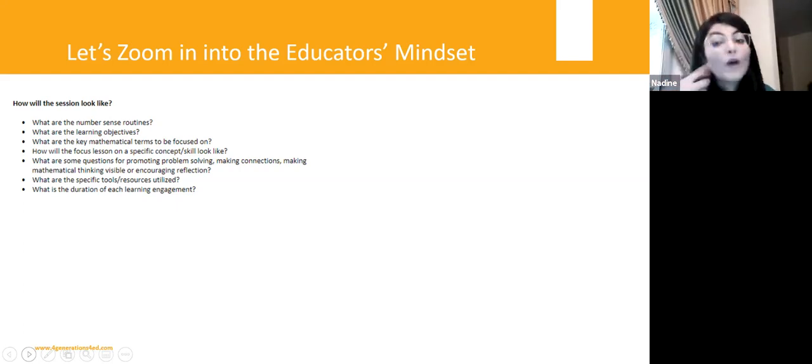What are some probing questions that we will implement within our sessions to help our learners draw connections, solve problems, and make their thinking and reasoning visible? And for sure, the specific tools and resources that will be utilized, and the duration of each learning engagement, just to keep track of time.